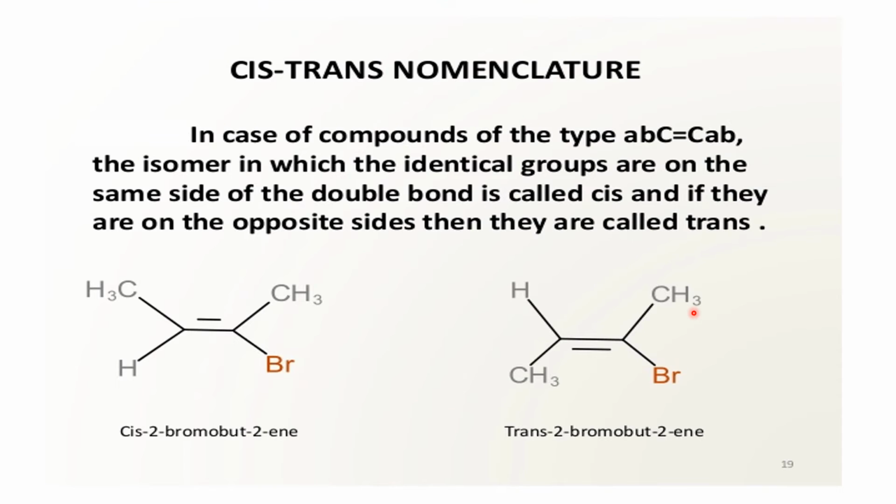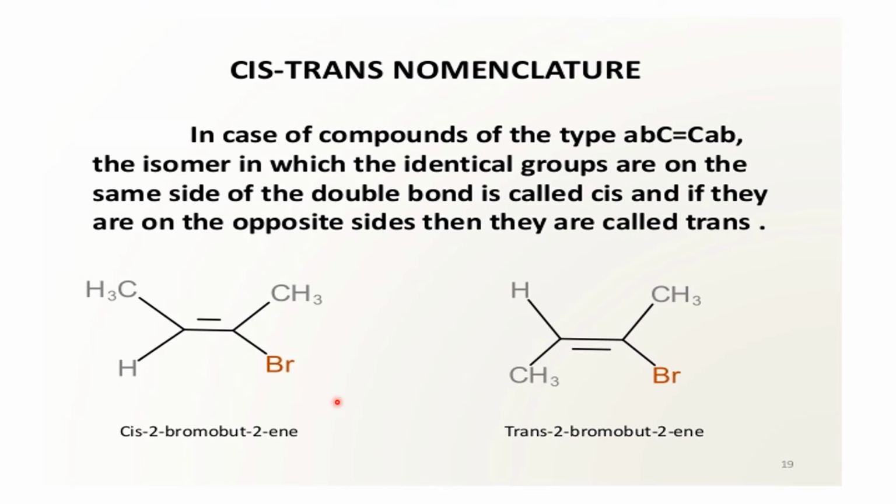This cis and trans isomerism applies if the atoms or group of atoms attached to the double bond are the same. For example, in this molecule we have two groups of atoms that are the same, the methyl group, and here also we have the methyl group.